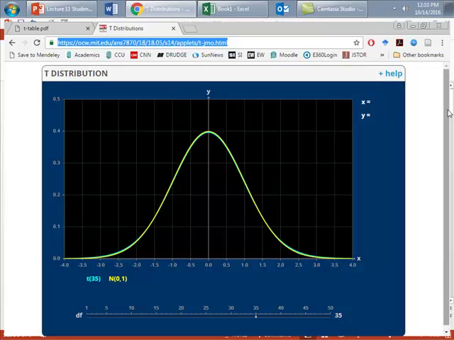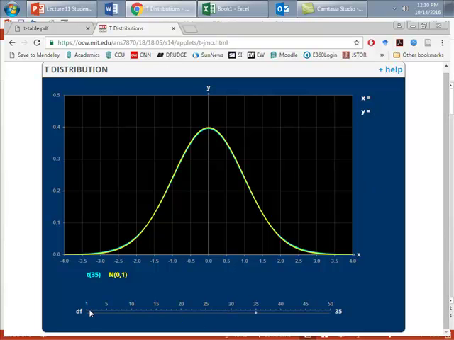If I find the smallest possible sample size, so that's a sample size where we have only 2 observations in our data set, this blue line is actually the shape of the t distribution.